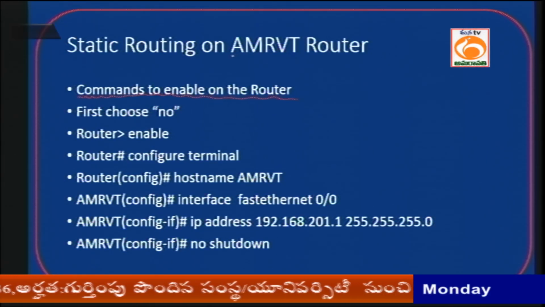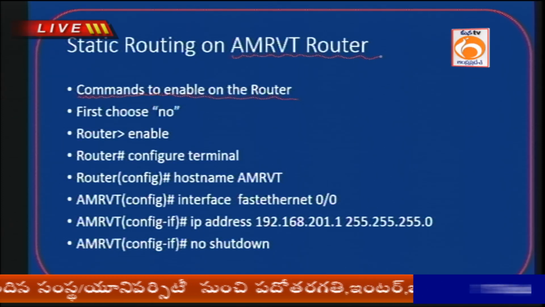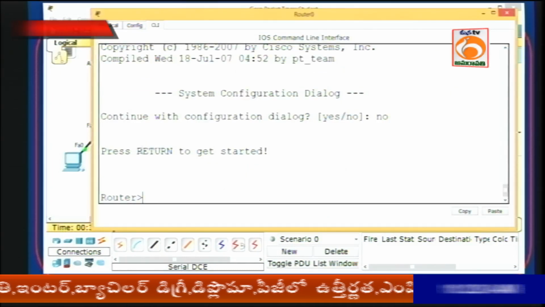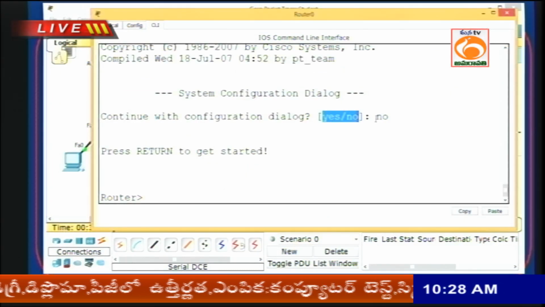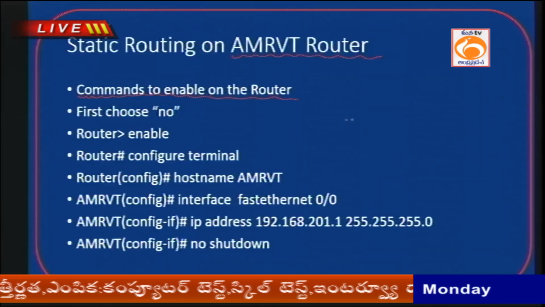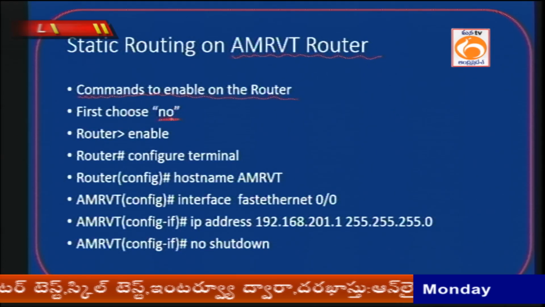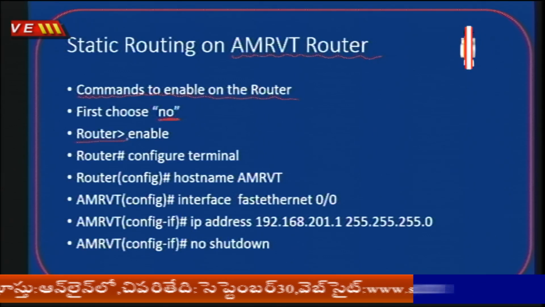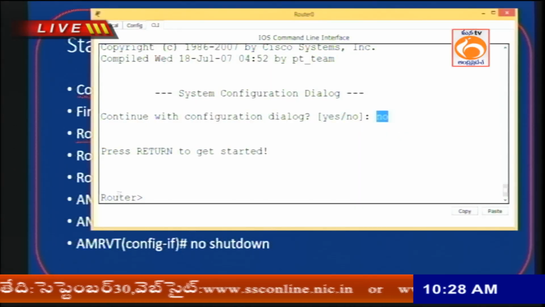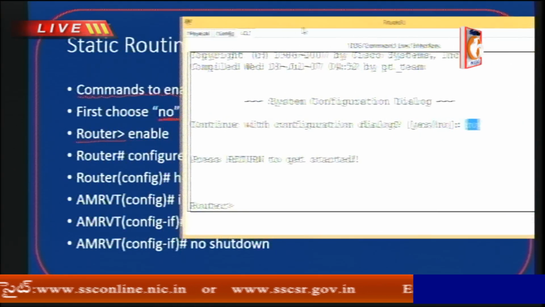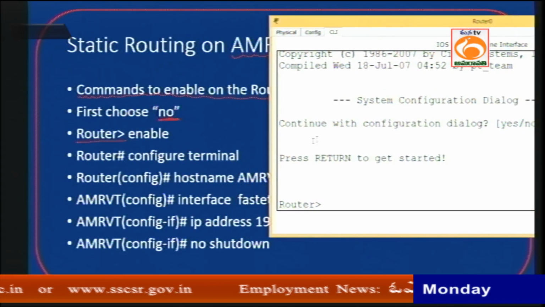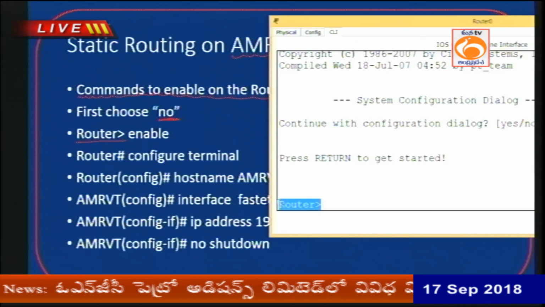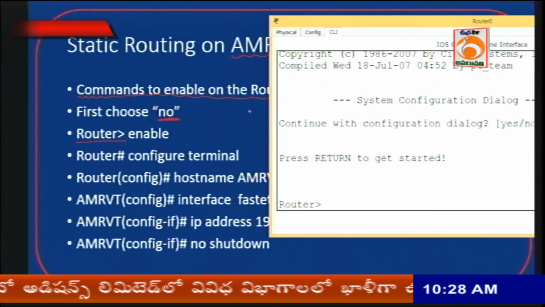So first we are considering the AMRVT router to be configured. So we have already got to this stage that it is asking for a question that would you like to configure yes or no. So choose the option called no. We have mentioned that here. So once we choose the no option, we have this keyword called router with a greater than symbol. So which is exactly available here, router with a greater than symbol. So we have this keyword here, router with a greater than symbol. Now we need to give this command called enable, as mentioned there.